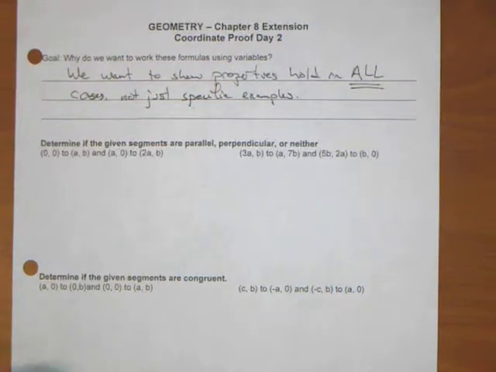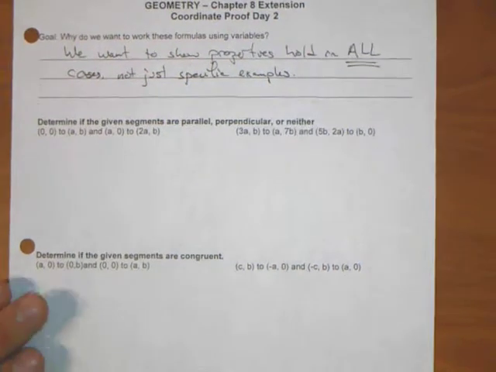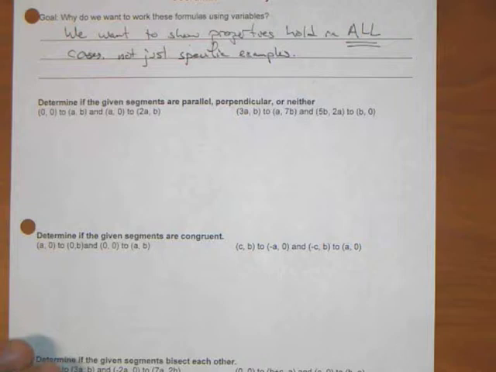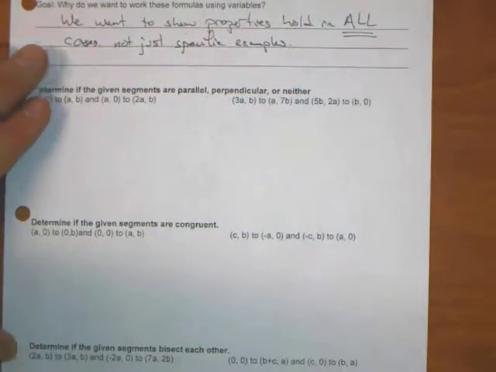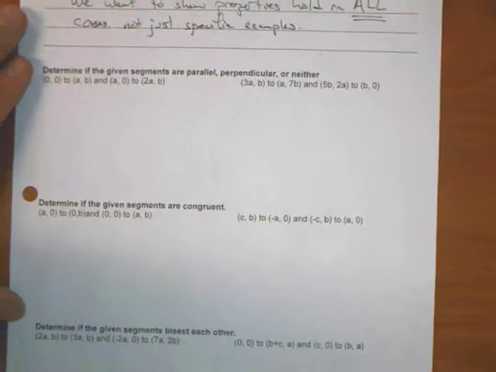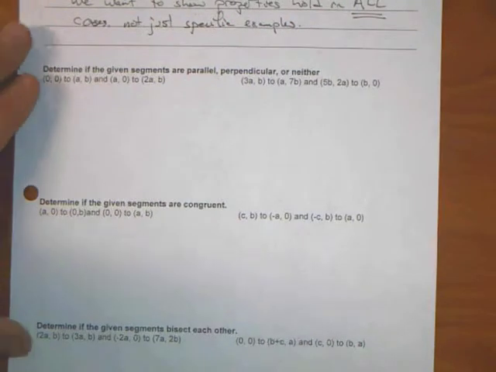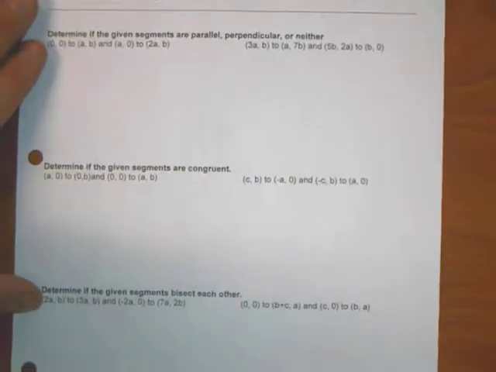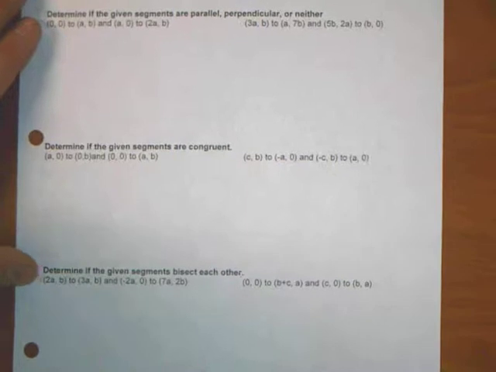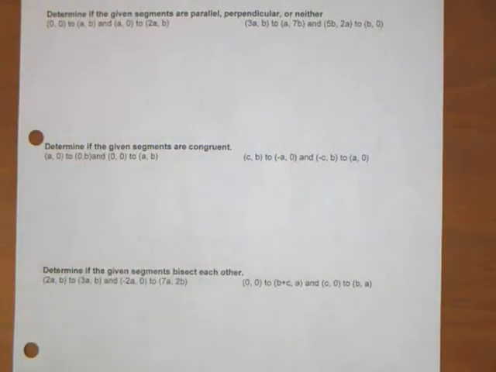Three things we're going to do a lot of, because a lot of properties say things about parallel or perpendicular lines. They say things about the lengths of segments, and they say things about whether things bisect each other. Those come up a lot in theorems or other cool properties. So maybe if we have a good way to talk about them in general, then we'll be all right.